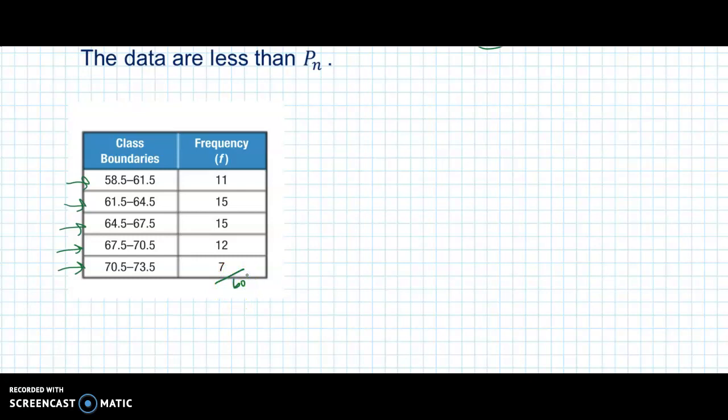So when we're trying to determine our percentiles, a person who is in this first boundary, 58.5 to 61.5, we have to calculate what percent out of the whole set of numbers they're in.